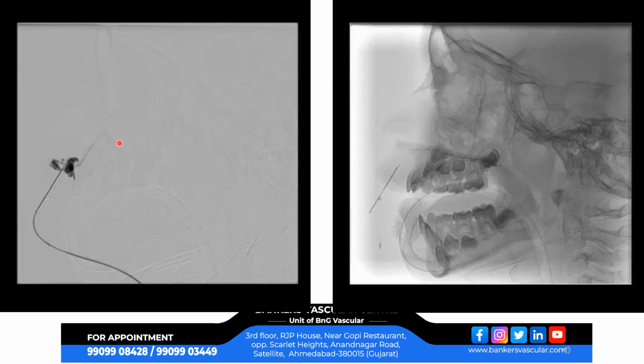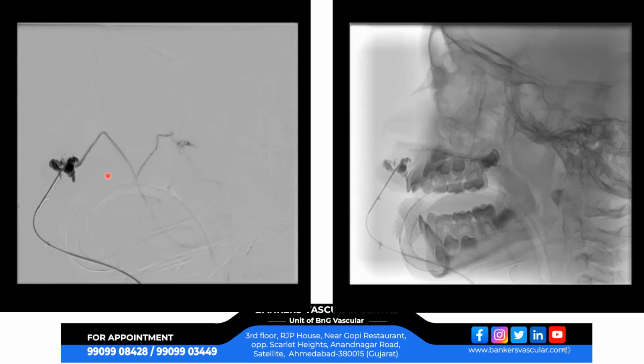So for treating this kind of lesion we are doing absolute ethanol embolization. What we do is first we directly puncture the nidus, and after puncturing the nidus we measure the volume of the nidus. So this is the nidus, and it is roughly 3 to 4 cc in volume.